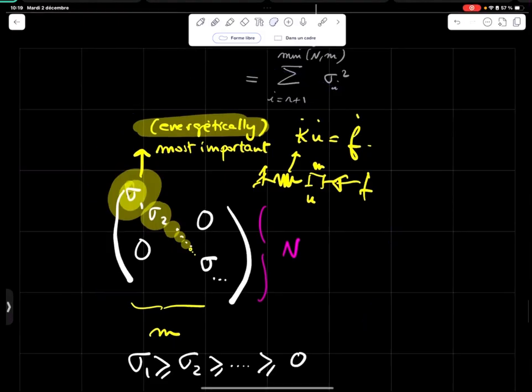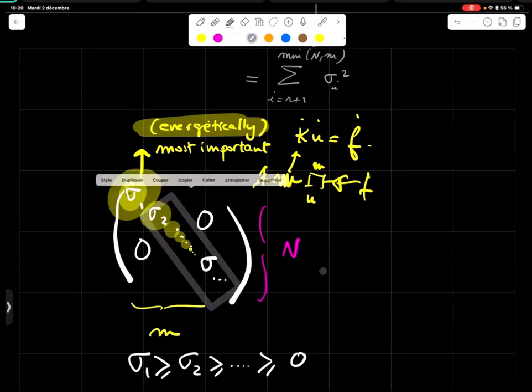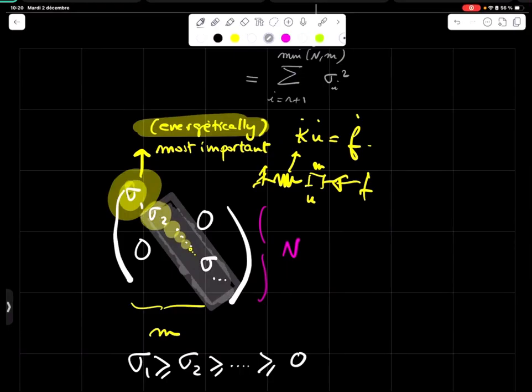So what it says is that the error you're looking at, if you truncate at the first mode, has to do with the sum of the squares of all the remaining singular values.